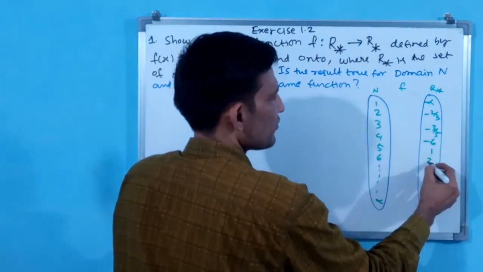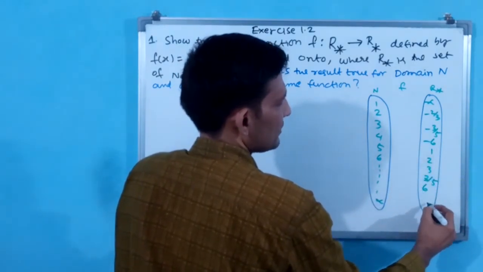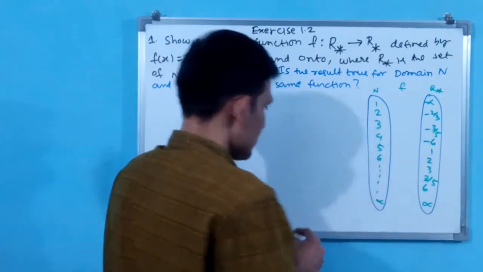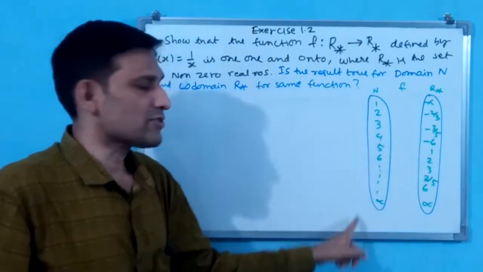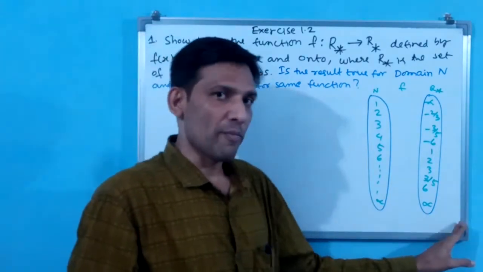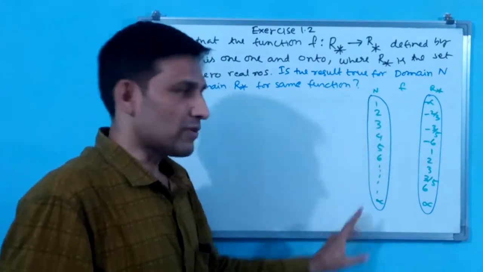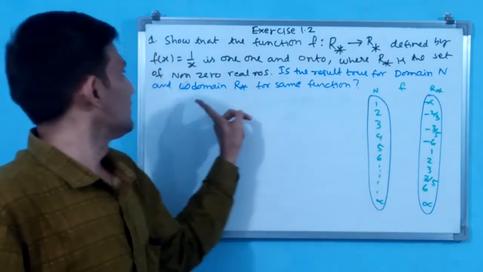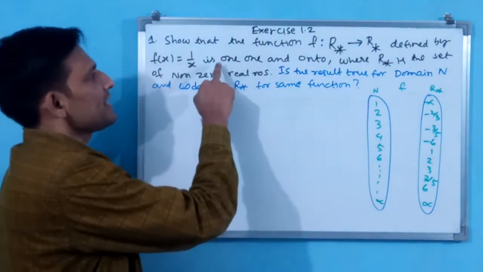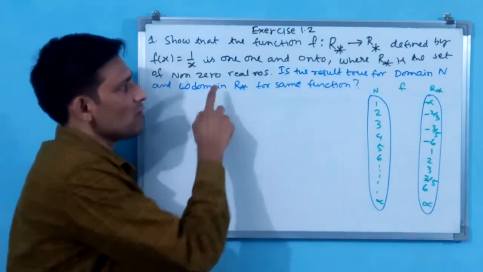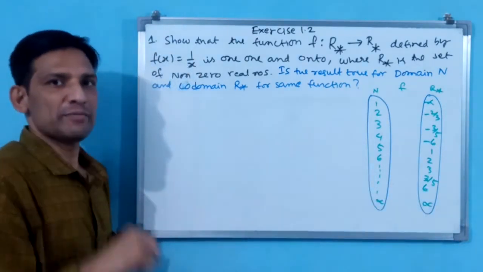But here 1, 2, 3, 3 by 5, 6, plus infinity. Like that, this is non-zero real numbers, but this is natural numbers. This is domain, this is codomain. So we have changed it. Earlier non-zero real numbers were there, but we replaced it with N for the second question. Now earlier we proved one-one and onto, but now is the result true for this also? He is asking, how can it be true?